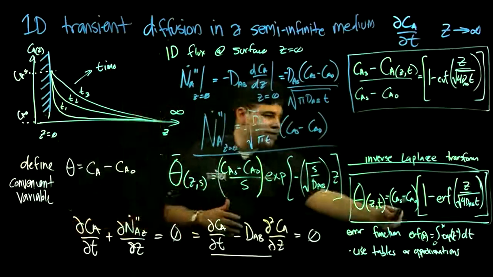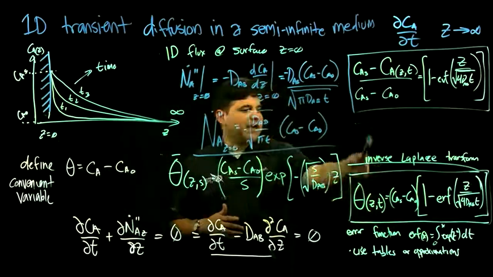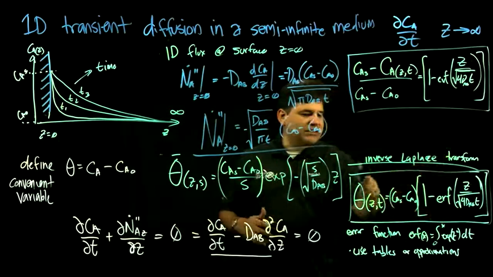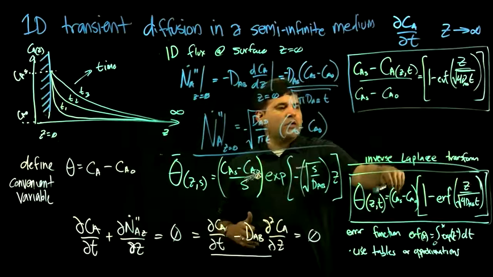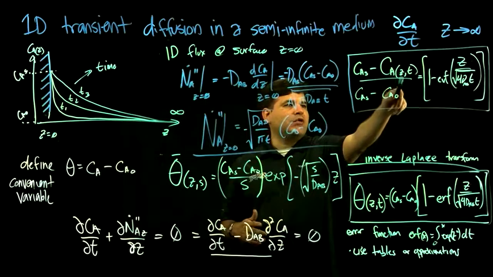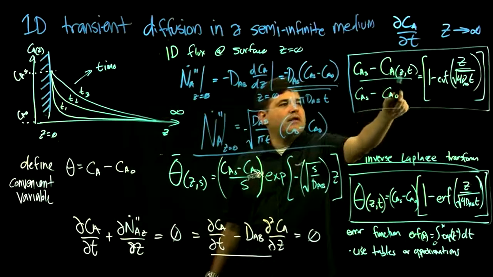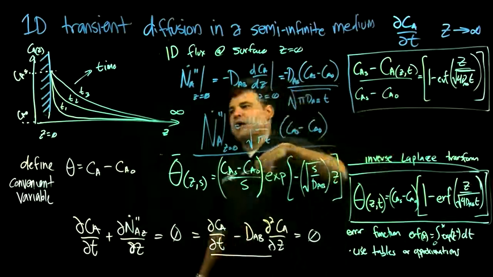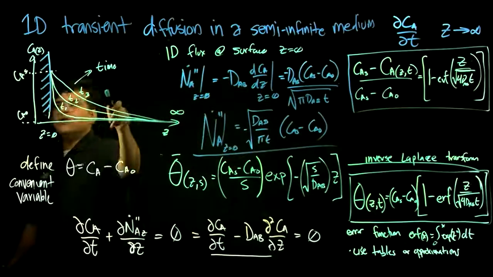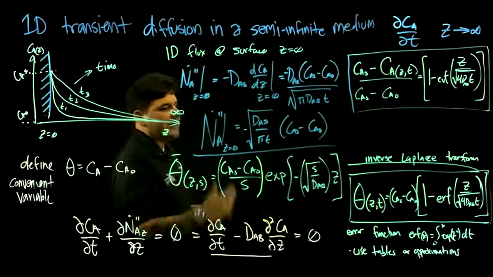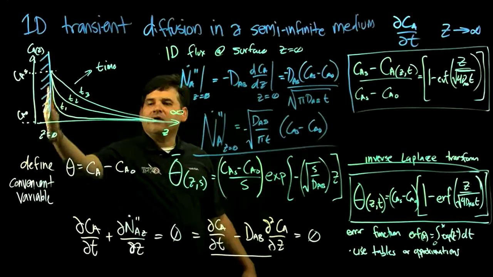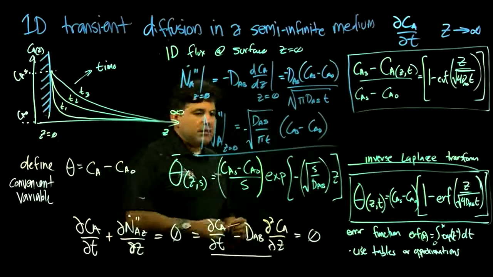Applying the inverse transform from S space back to time space gives you this error function, going back into the concentration profile that we wanted. We have this error function that looks like this in 2D with these slices here, and you can also get the flux at the boundary going into the domain.